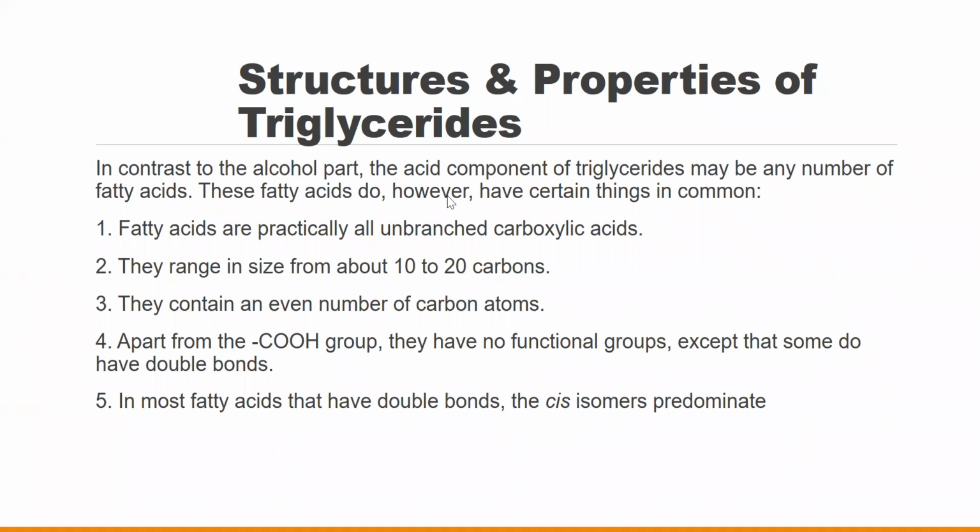What else? In contrast to the alcohol part, the acid component of glycerides may be any number of fatty acids. These fatty acids do, however, have certain things in common. Number one, fatty acids are practically all unbranched carboxylic acids. So what do you mean by unbranched?